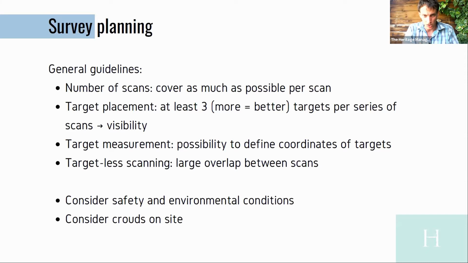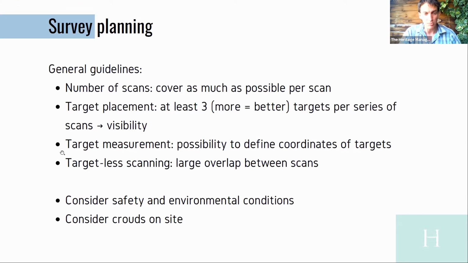If you position your scan, make sure that you see as much of the object of study as possible. But if you overscan it, if you increase the number of scans, it also increases the amount of data, the amount of space that you will require to save all your data. It will be more demanding to process these data. So you have to find a balance between what is necessary to measure. Try to limit that, but cover as much of the object as possible.